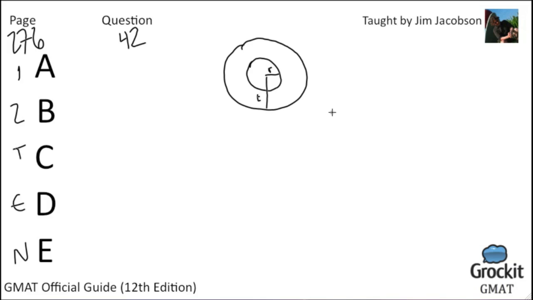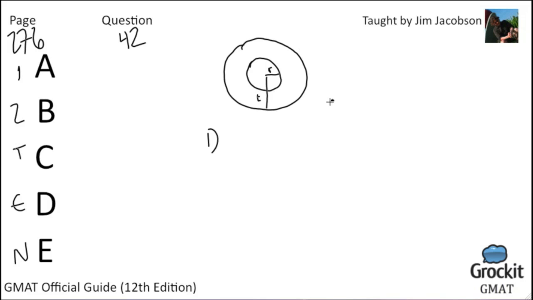Obviously my picture doesn't look exactly like the one in the book, but that's the way it is. I'm not that great at drawing circles. Anyway, so we have the two radii, radiuses, either one would be correct, and we need to figure out what the value of r is. It's a value question, so we need one single value of r, but there isn't any figuring really that we can do from this, so we just have to hit the statements.